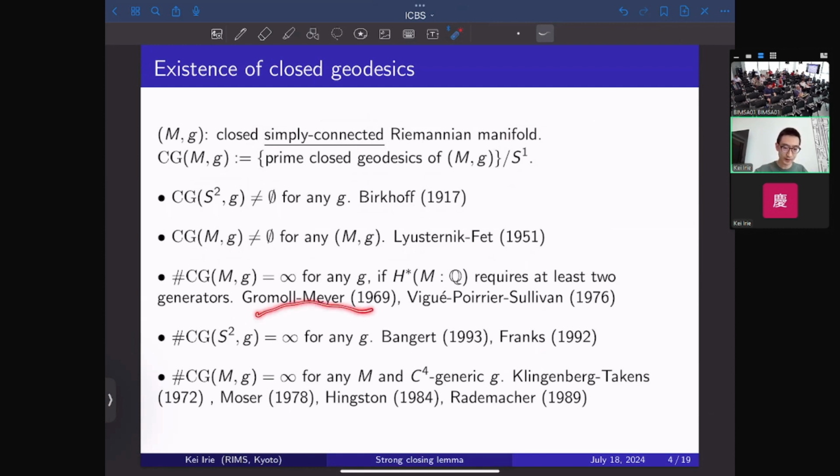And in the 60s, Gromoll and Meyer proved the existence of infinitely many primitive closed geodesics, assuming that the Betti numbers of the homology of the free loop space are unbounded. And Vigué-Poirrier and Sullivan showed that this condition is satisfied if the cohomology ring of M requires at least two generators.